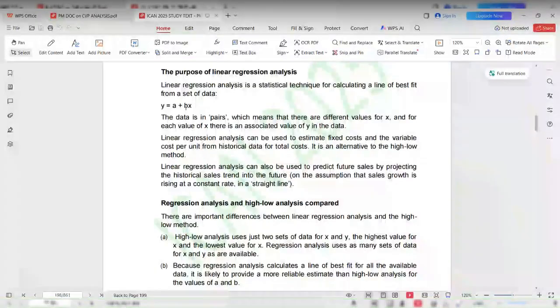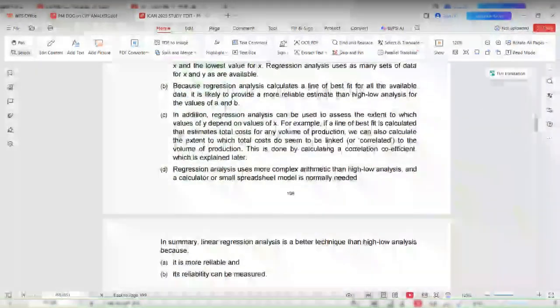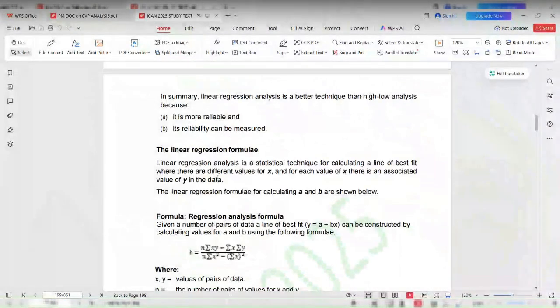But we need to calculate our B. We need to calculate our A. For B now, the formula for B is N summation XY minus summation X summation Y, all over N summation X squared minus (summation X) raised to power 2.